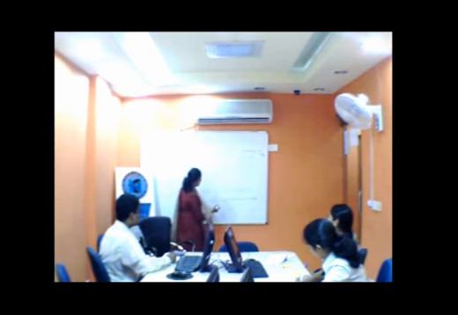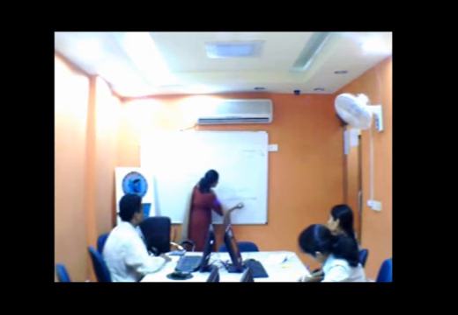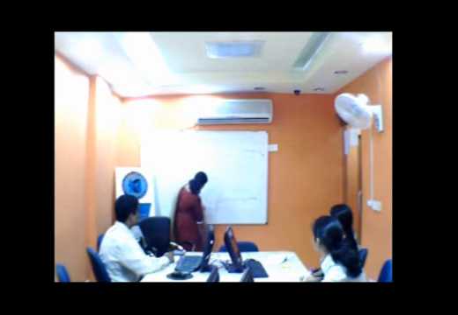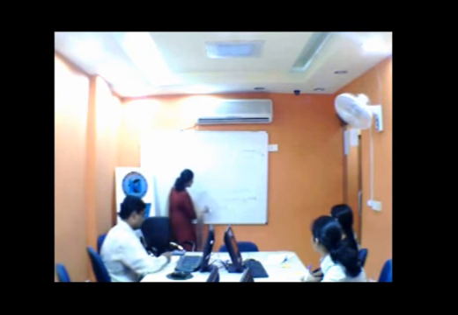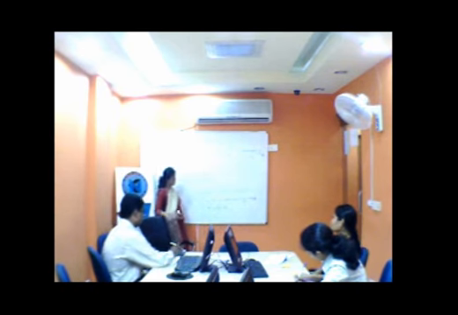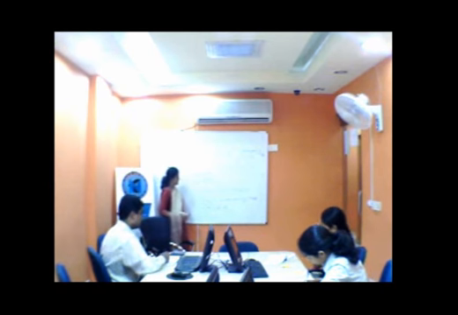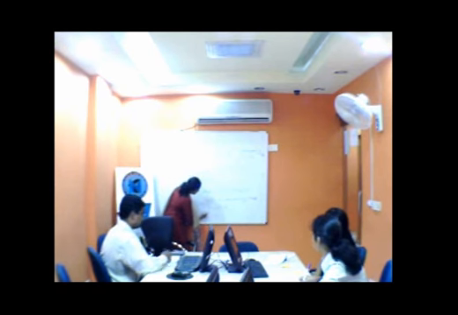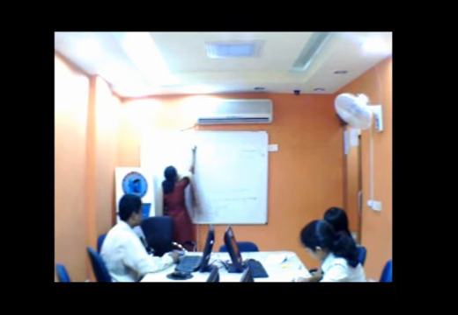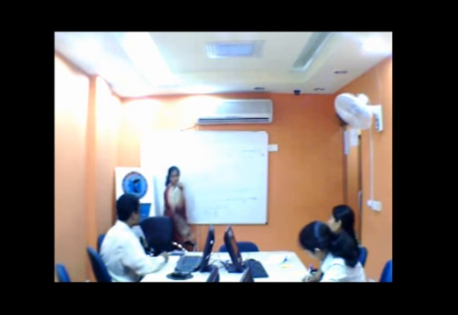So the correlation coefficient is 1, so it remains as 1. Add all those: 49 plus 36 plus 84, 169. Square root, 13. Now, when the correlation coefficient is plus 1, the standard deviation of the portfolio is 13.